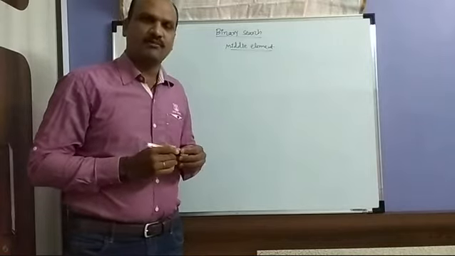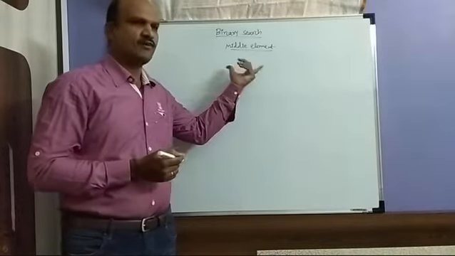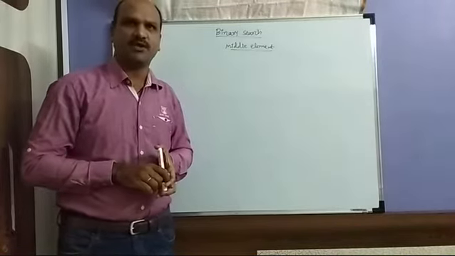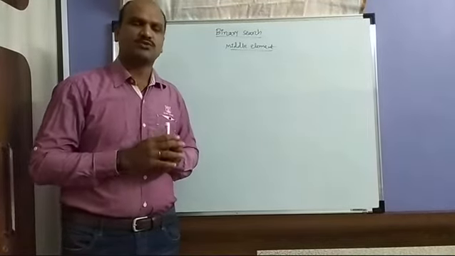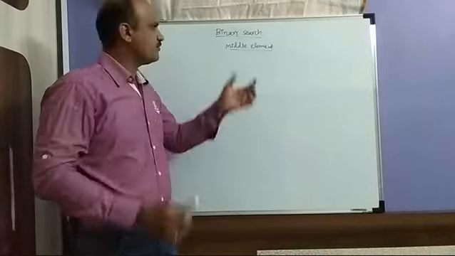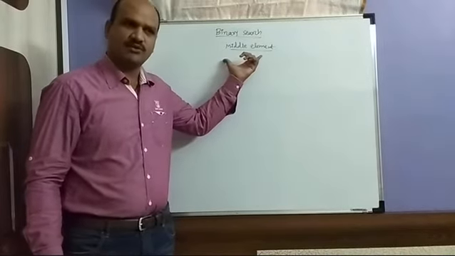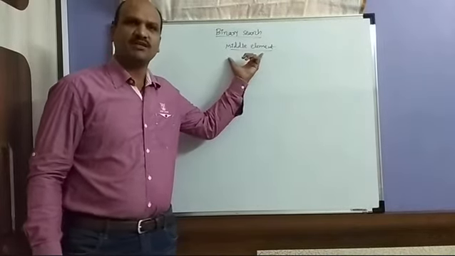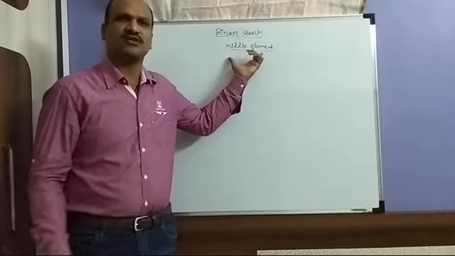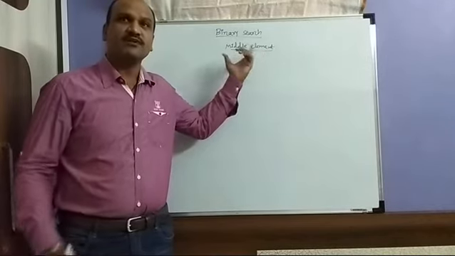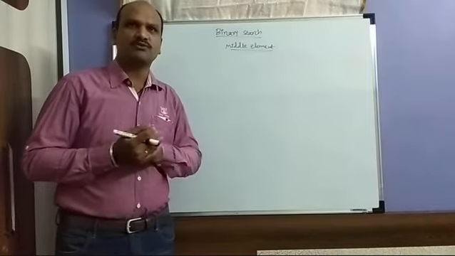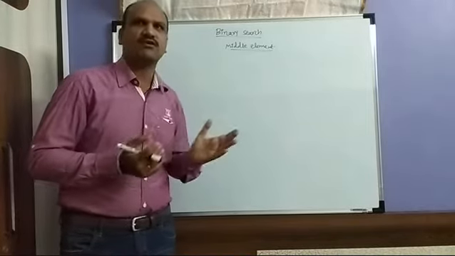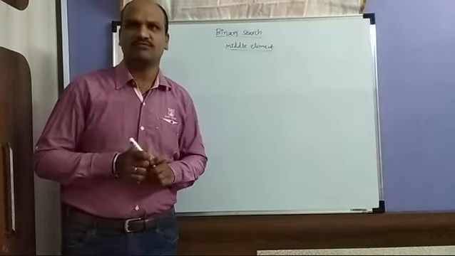If the element you are searching is the same as the middle element, then the search will be automatically successful there. If it is not matching, then you have to search either the left half or the right half of the array.